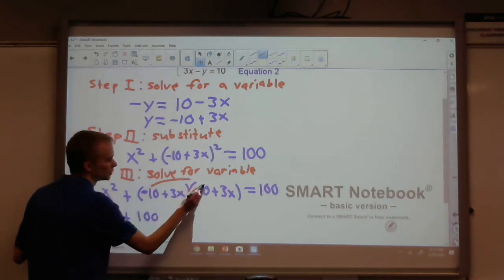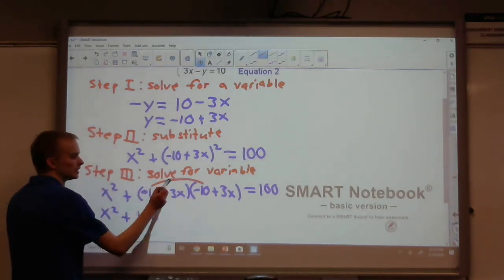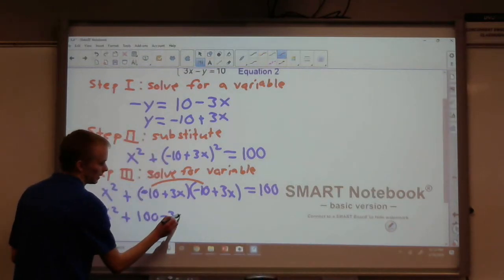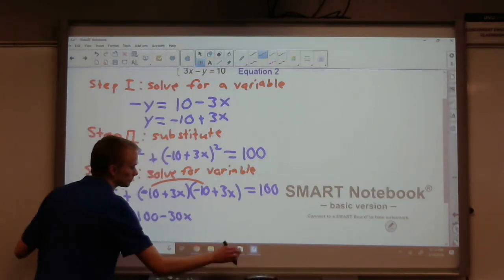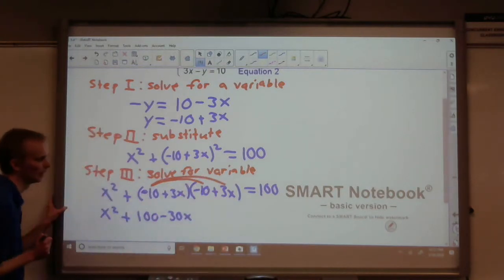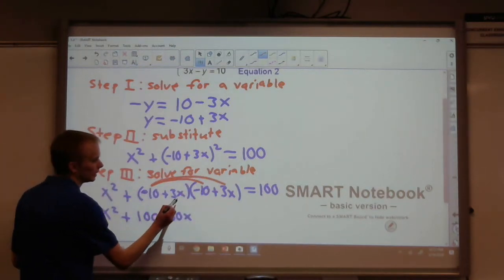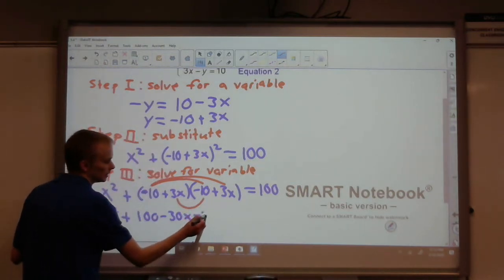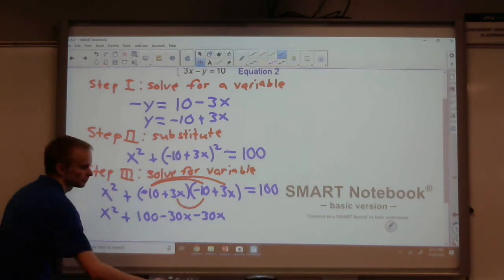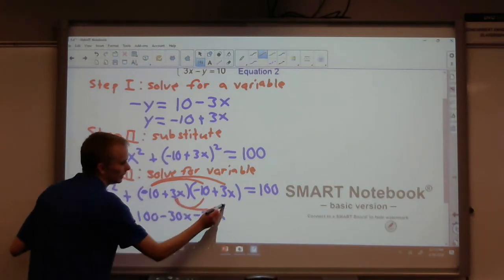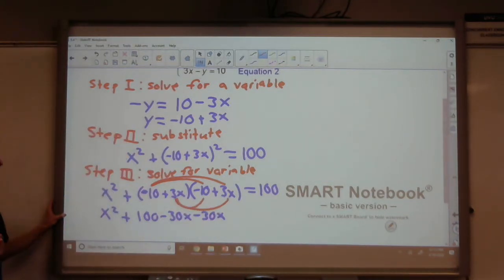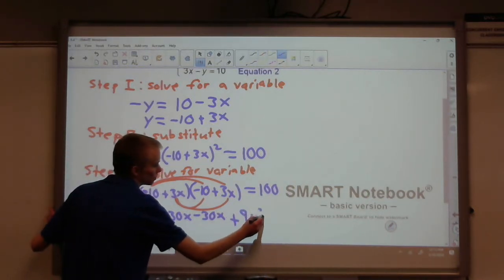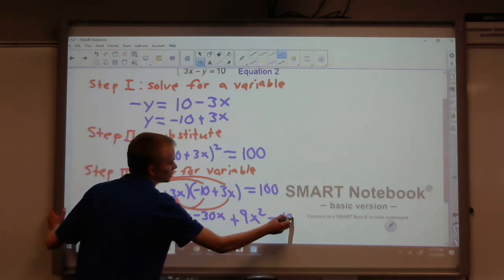So we've done those two. Then negative 10 times positive 3 is negative 30x. So that's there, okay? And then 3x times negative 10 is negative 30x. And then 3x times 3x is 9x squared, and this all equals 100.